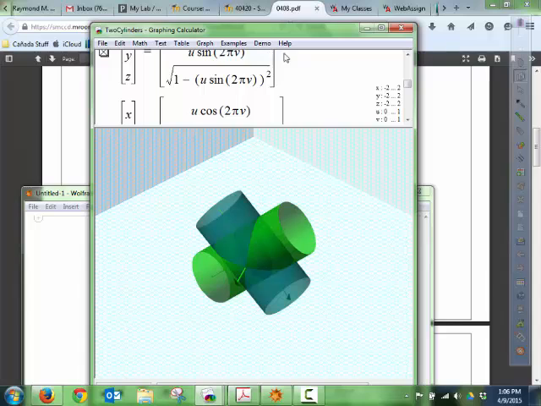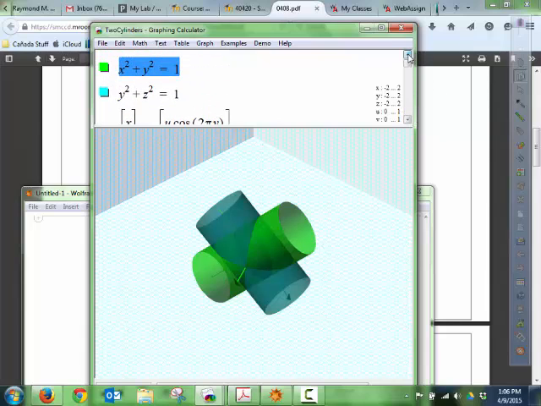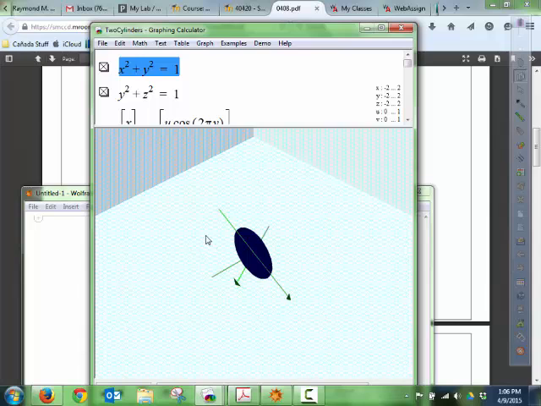So let me show you this parameterization. We wanted to integrate to find the intersection between these 2 cylinders. We wanted to integrate over a circle.